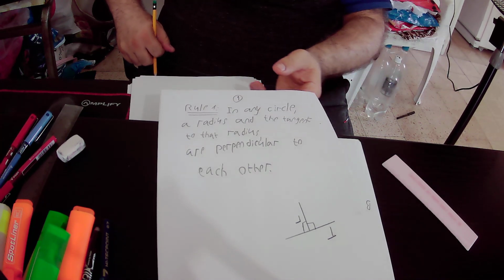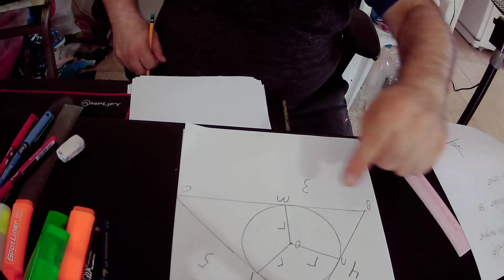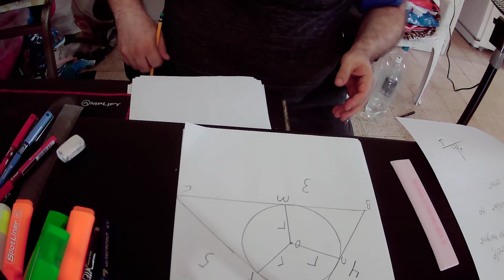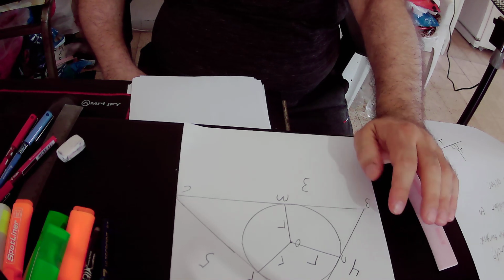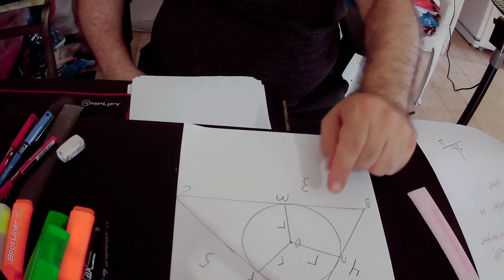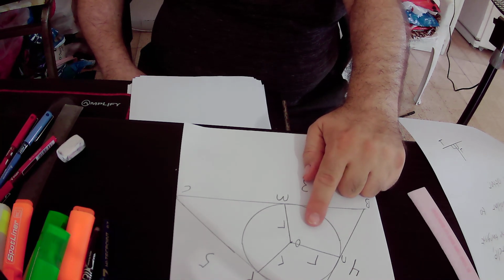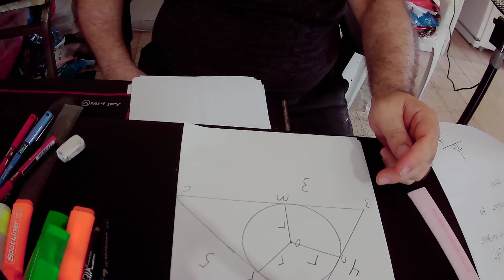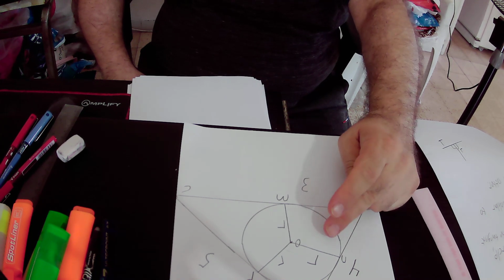Okay, so actually we can implement this rule on our circle because we have 3 radiuses and 3 tangents to those radiuses. So actually, if we look at radius, line segment NO that is a radius of the circle, actually the side AB of the triangle is tangent to this radius.